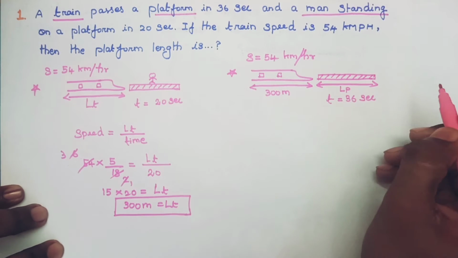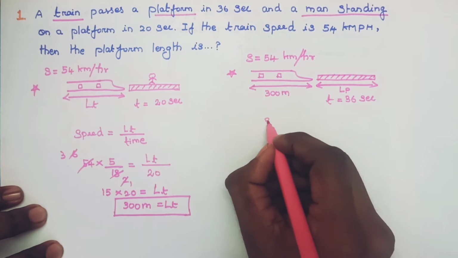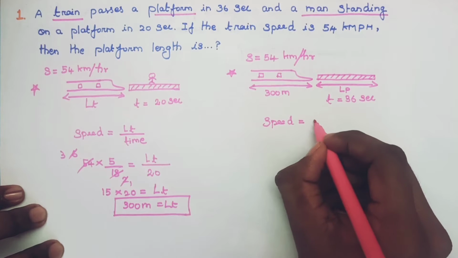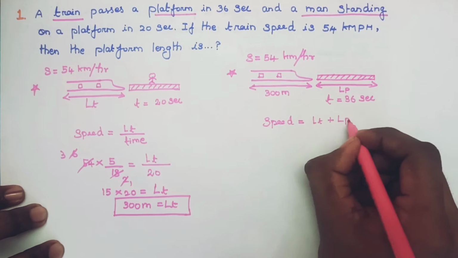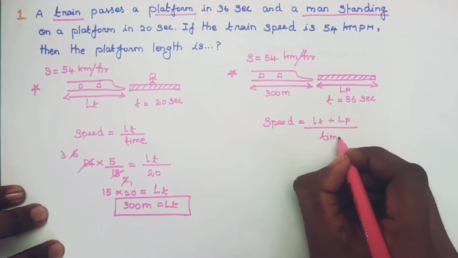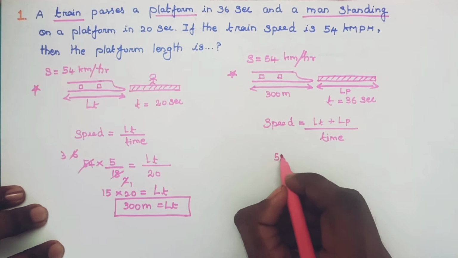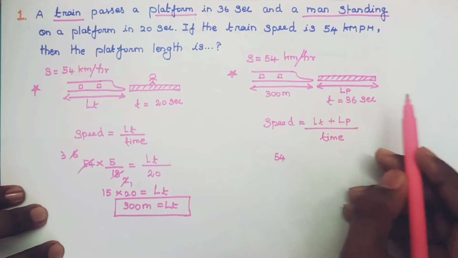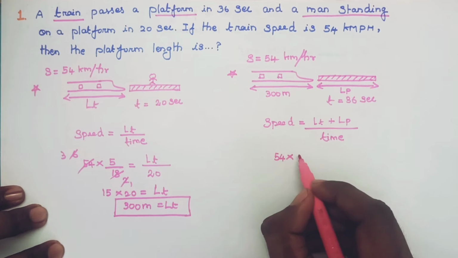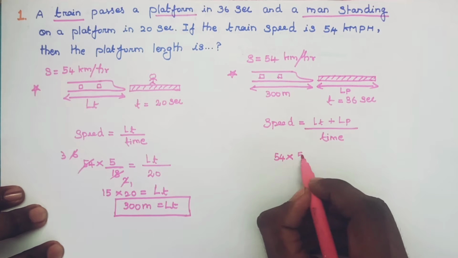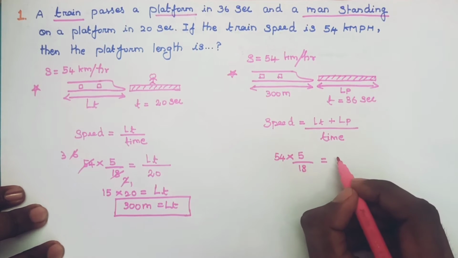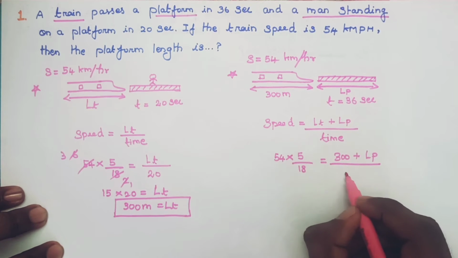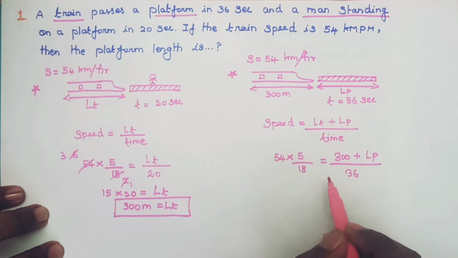Then we have to find out the length of the platform. So what is the formula here? Speed equal to distance divided by time, right? Distance is what? Length of the train plus length of the platform, divided by time. Speed is obviously 54 km per hour. Here distance is in meter and t in seconds, so obviously you have to convert it into meter per second. That is 5 by 18 equal to the length of the train, which is 300, plus length of the platform, which we have to find, and 36 is the time.